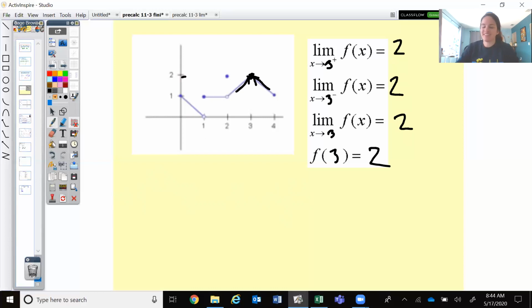And since those are all the same number, that actually means that the function is continuous at x equals 3. That's our official definition of continuity that Mr. Evans will give you next year. And that just means that you can draw it without picking up your pencil, because the value coming in from the left is the same as the value of the function is the same as the value on the right-hand side.